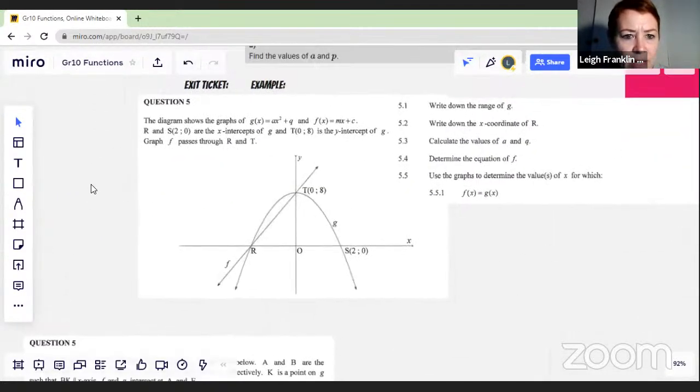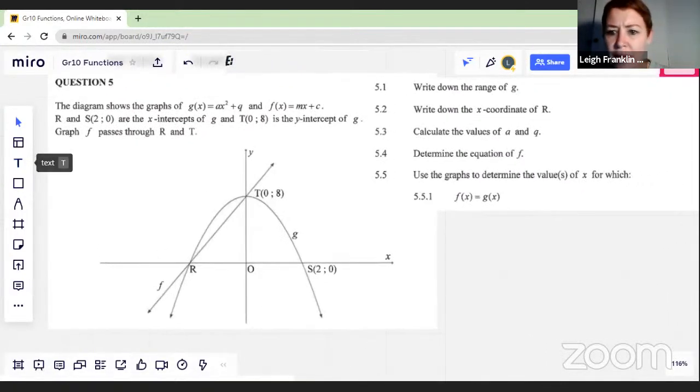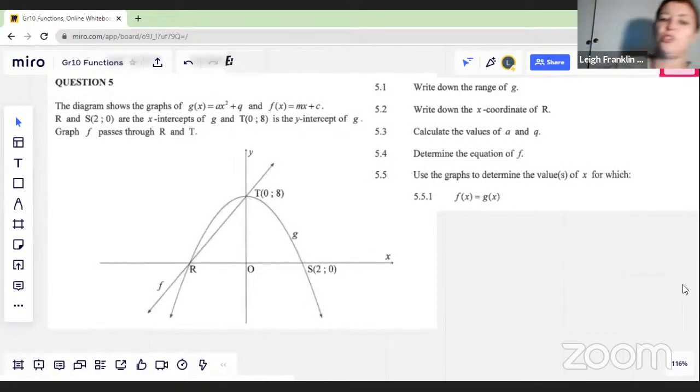Hopefully that is big enough for everybody to see. Now, these questions all relate back to things that we had spoken about in the first and the second lessons. Although question 5.5 isn't something that we've actually spoken about before, but that doesn't matter. We can certainly talk about it when we get to it.